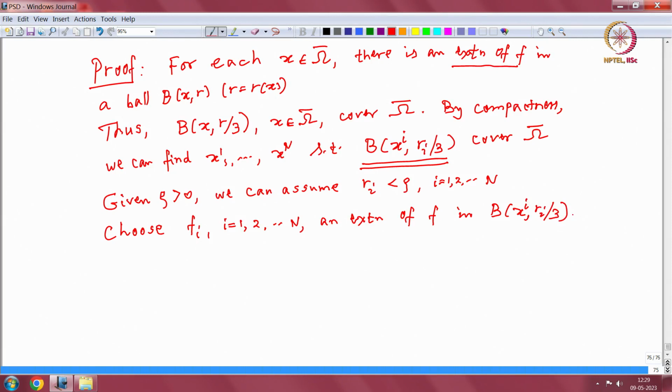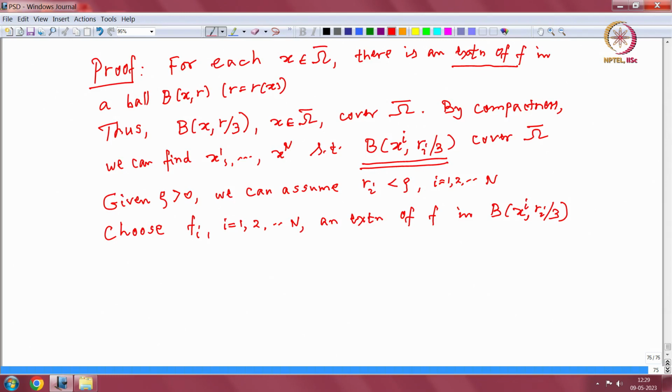We cannot just define the extension to be fi in these balls, because they may overlap. Somehow we have to take care of that overlapping, and that is done by the partition of unity.